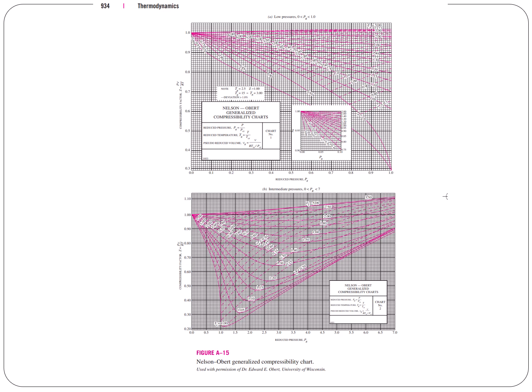Okay, so this is the real chart. The one which I showed before was a simplified one, but this is the chart which we have to use even for the exam. This is Figure A15. This is in the appendix of the book, and if you see here, the x-axis has reduced pressure.